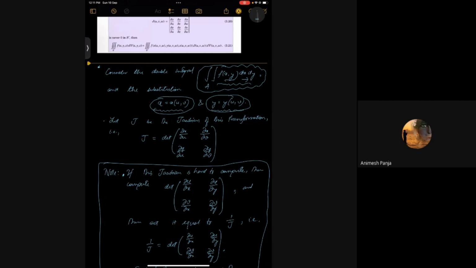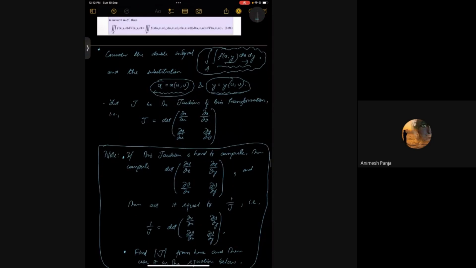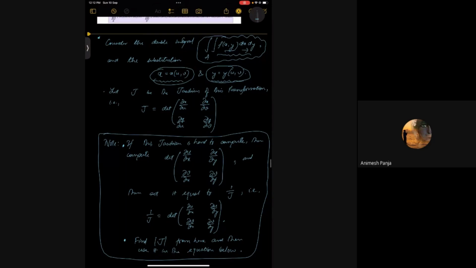That should be a very judicious choice of variables. Again, you should be careful about what variables you choose. Then, since we have chosen x and y as functions of u and v, we find the Jacobian with respect to the variables u and v. We find del x del u, del x del v, del y del u, del y del v, and take the determinant of that.